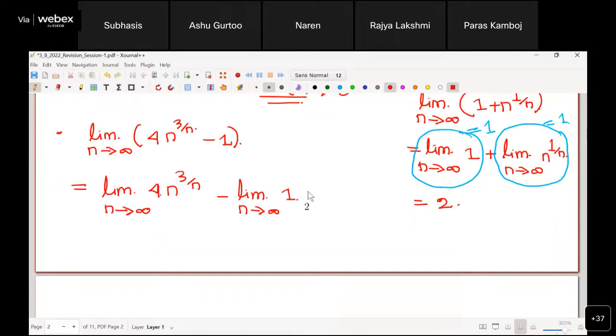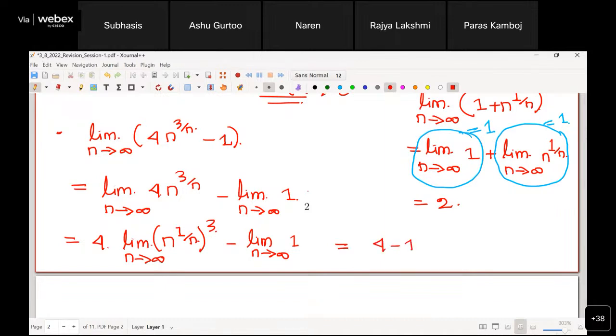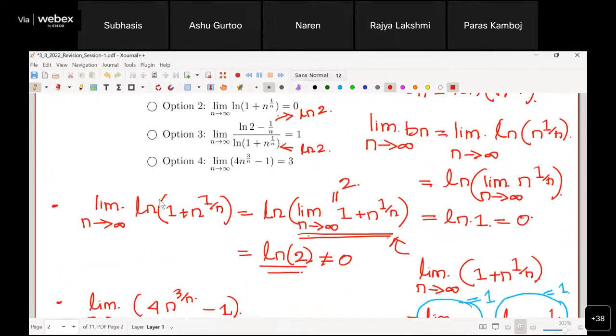I can take the 4 out, so this is limit n tends to infinity of n power 1 by n, the whole cubed, and this is limit n tends to infinity 1. We know that as n tends to infinity, n power 1 by n will go towards 1. That means the whole cube will also go towards 1. So then this is 4 minus 1, which is 3. Clear? Option 4? Yes, sir.